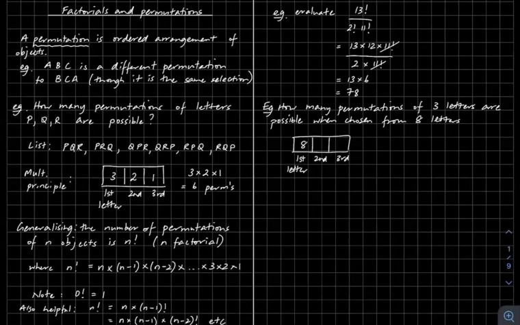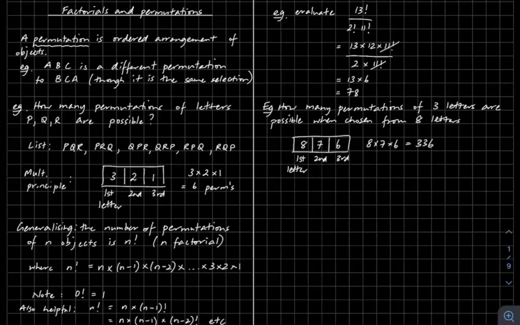But now for the second letter, 1 has already gone, there's only 7 left to choose from. And the third letter, 2 out of the 8 are gone, so there's only 6 options left to choose from. So my number of permutations would be 8 times 7 times 6 using the multiplication principle. 8 times 7 is 56, times 6 is 336. Alright, so 336 different permutations are possible.